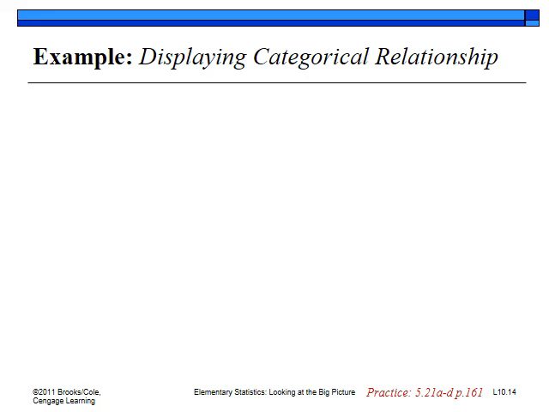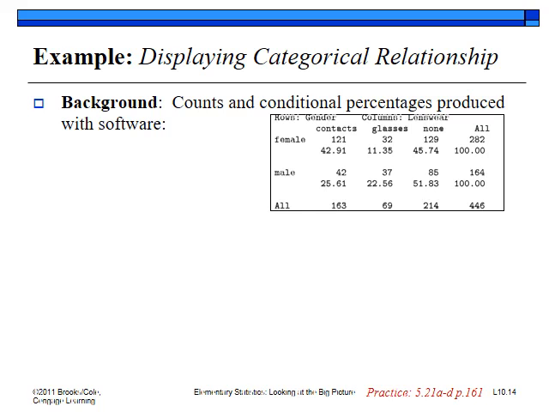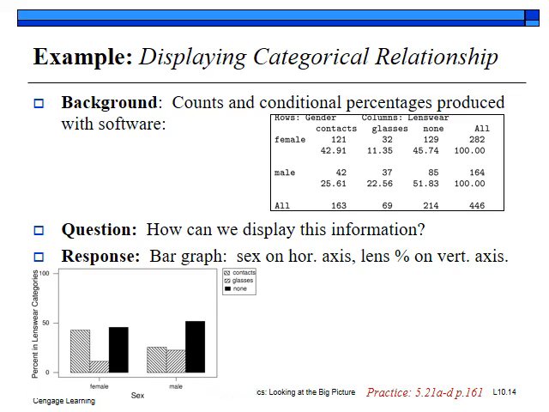So once we have our information about the conditional proportions, how do we display the relationship? The best way is with a bar chart. Since sex represents our explanatory variable, it will go on the horizontal axis, and the percentage or proportion, your choice, for the lenses will go on the vertical axis.